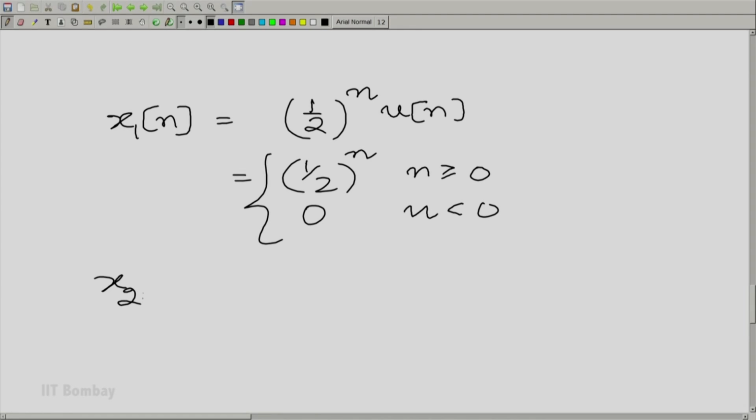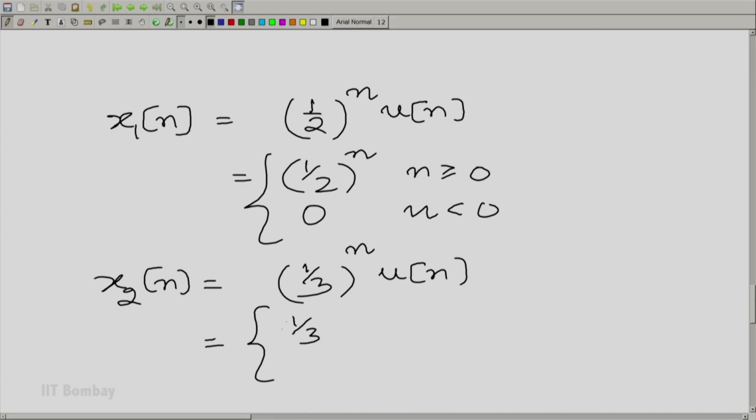And let us assume x2[n] is (1/3)^n u[n], which implies that it is (1/3)^n for n greater than or equal to 0 and 0 for n less than 0.